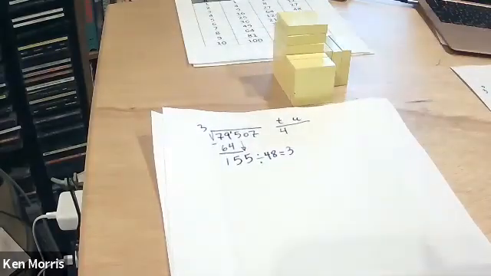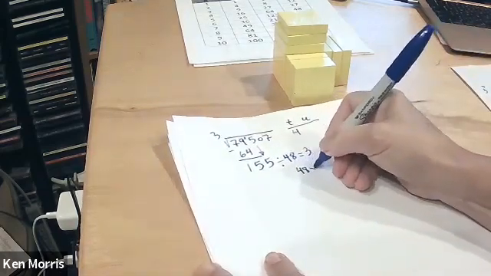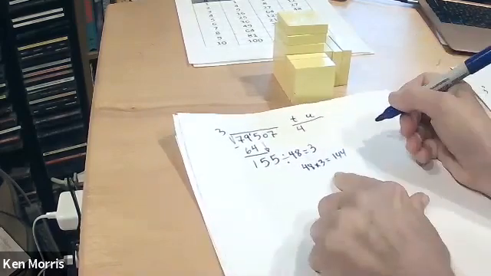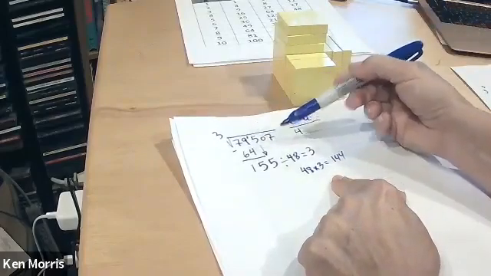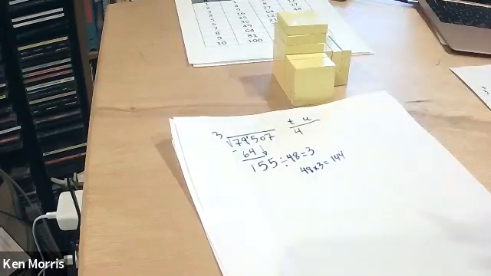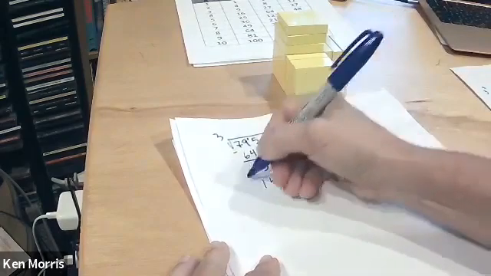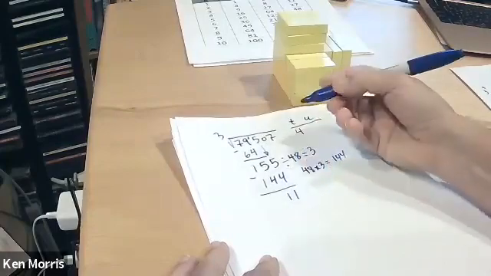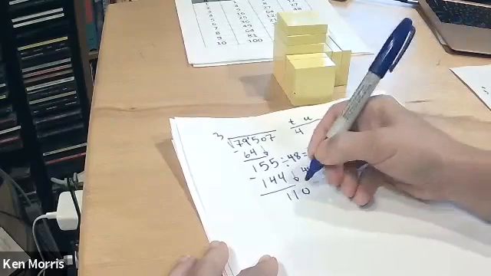So now I'm going to calculate 48 times 3, which is 144. That is how much I have used of my 79,507 to build my layers. So I'm going to take 144, subtract it from 155. And that gives me 11. I'm now ready to bring down the 0.